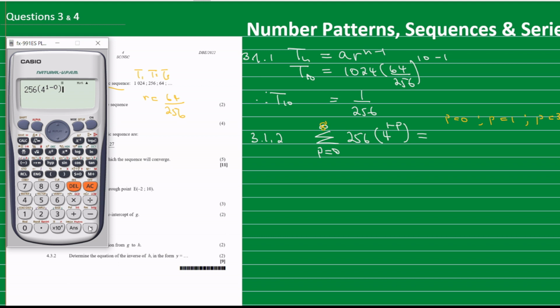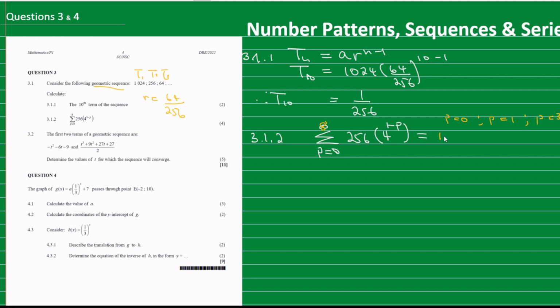So the answer will give us 1024. So that is 1024 plus, okay, so you find that this one is basically the same sequence that we have been given here when P is 0. So it's the same sequence that we are given there. So now we substitute 1.